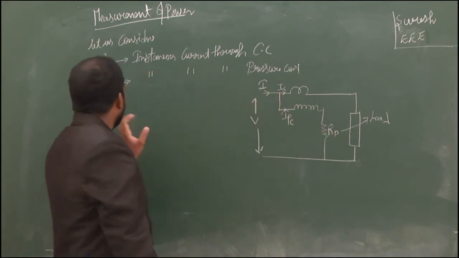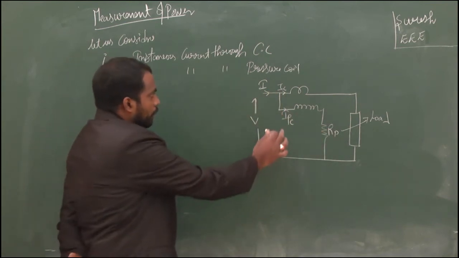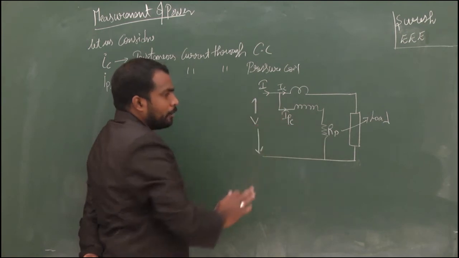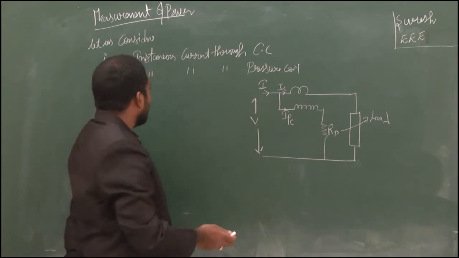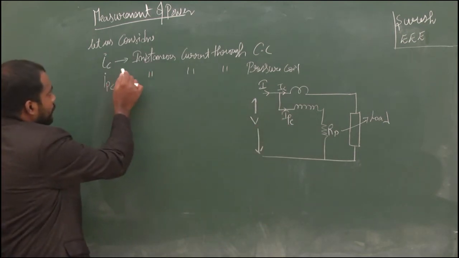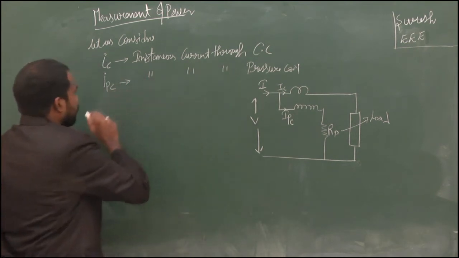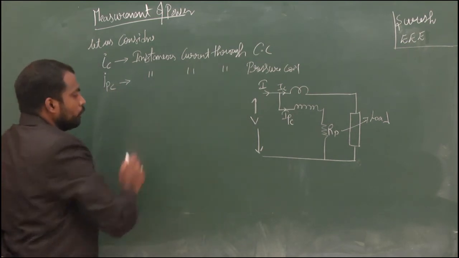Now we will discuss how we get the instantaneous torque equation for this type of instrument in order to measure the power. So I have considered IC is the instantaneous current through the current coil and IPC is the instantaneous current through the pressure coil.